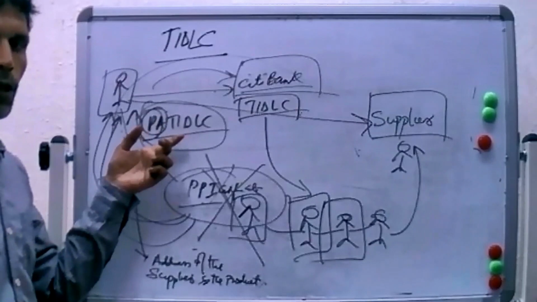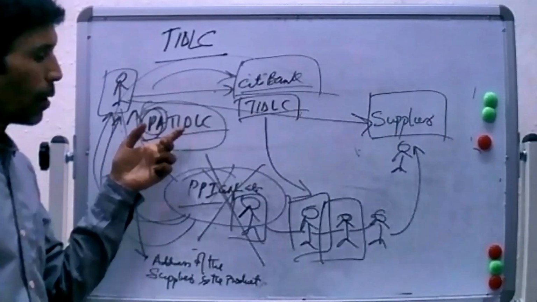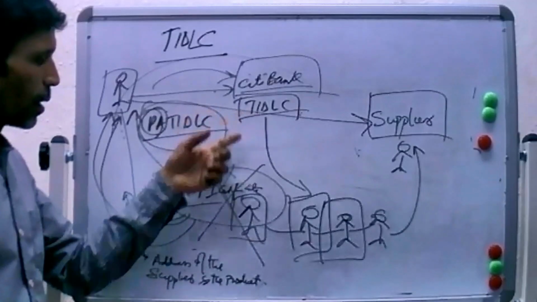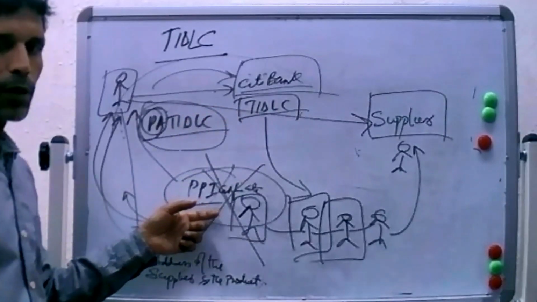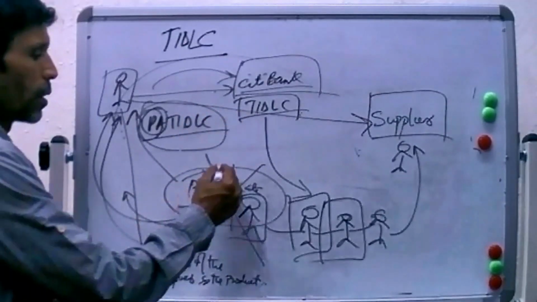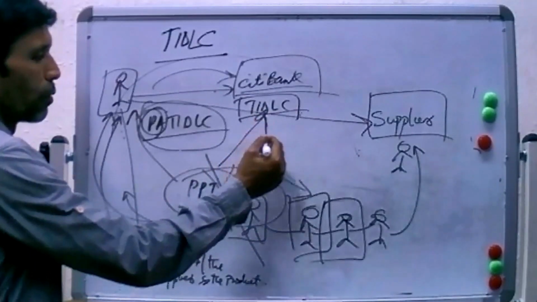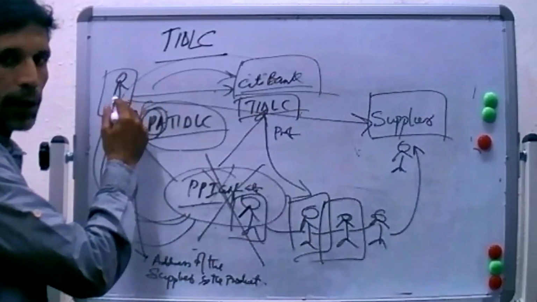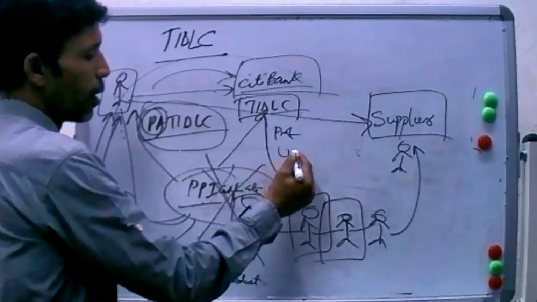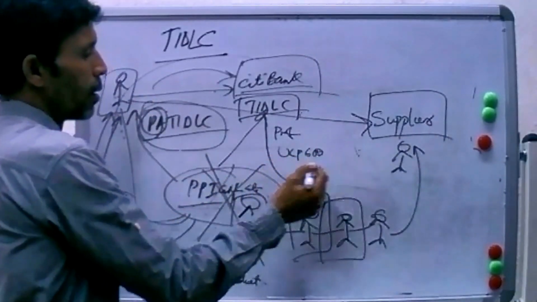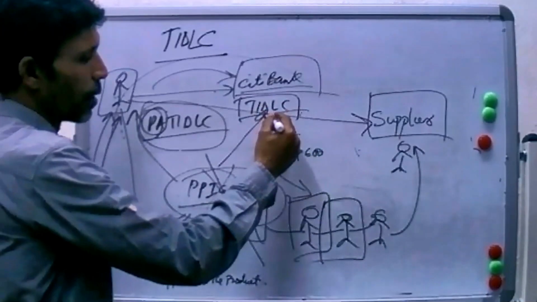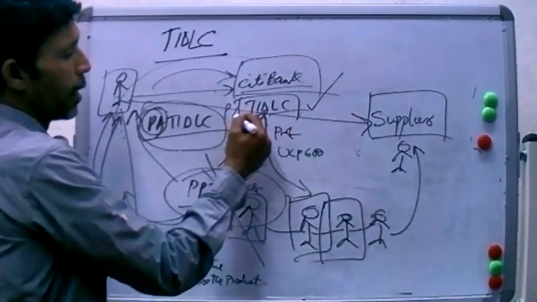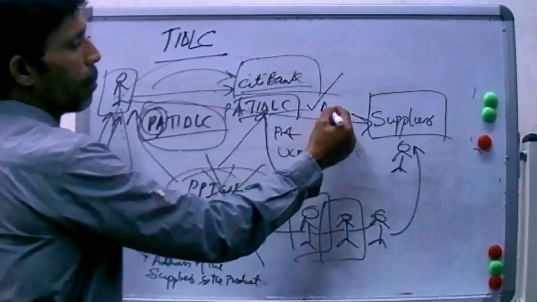If he is going to issue the PA TIDLC first, then you provide the policy proof of interest certificate to the bank, because once the bank receives the policy proof of interest certificate, the buyer cannot do anything. As per UCP 600, the bank must activate the PA TIDLC, must activate the credit.